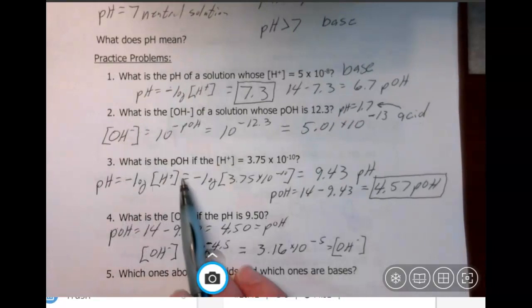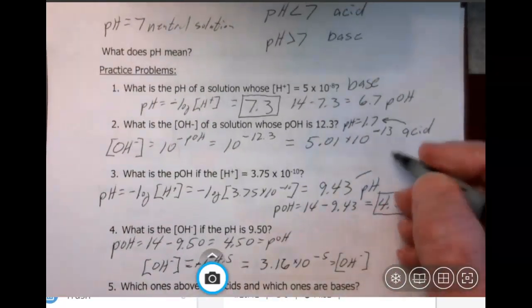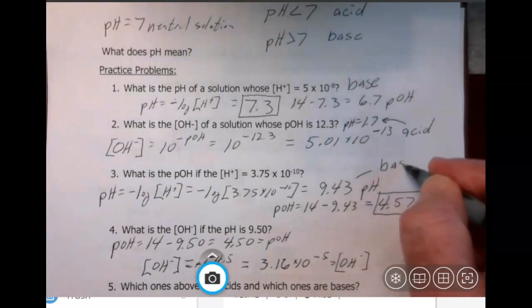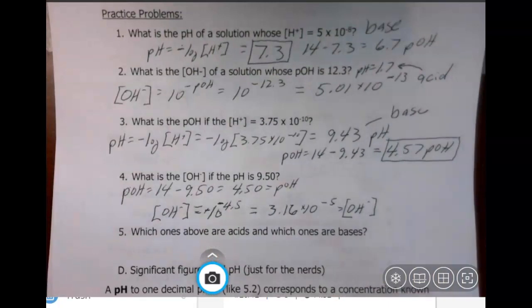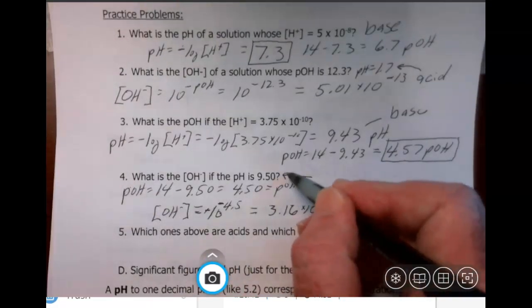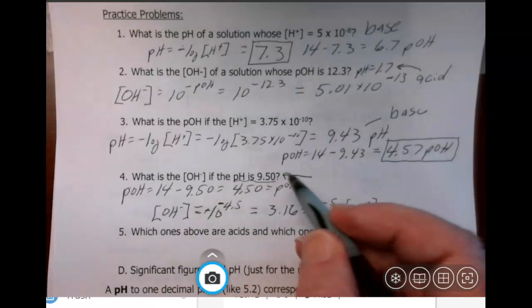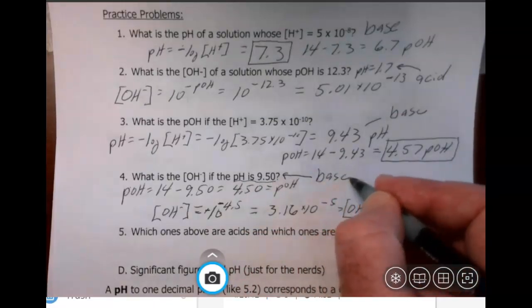And number 3, the pH was 9.43. That's greater than 7, so number 3 would be a base. Number 4, the pH, this one is 9.5. Since that's greater than 7, this one would be a base.